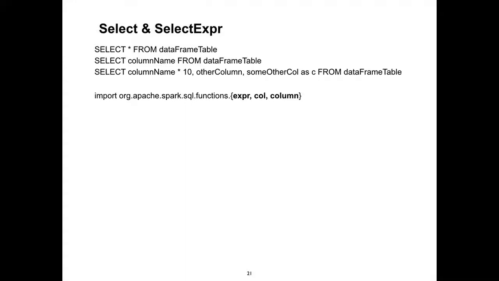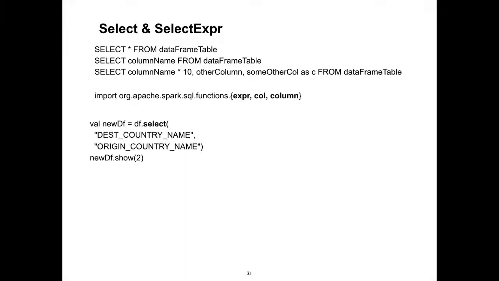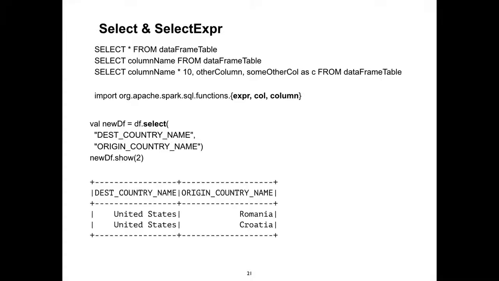And so in Scala, there's a select statement. And what the select statement does in Spark is the same thing it does in SQL, right? It's selecting which columns you want from that DataFrame. So just give me those two columns, and that's what I get, right?